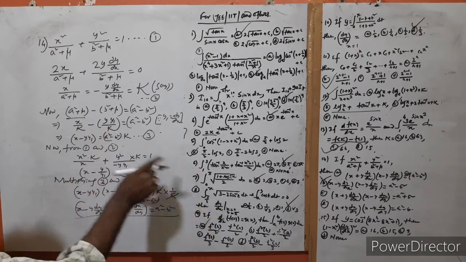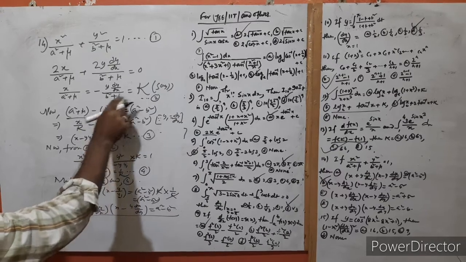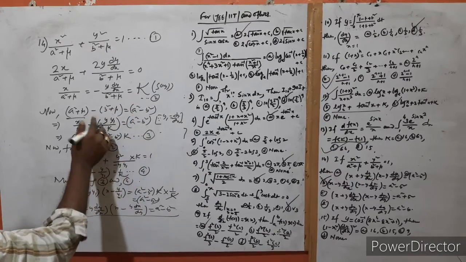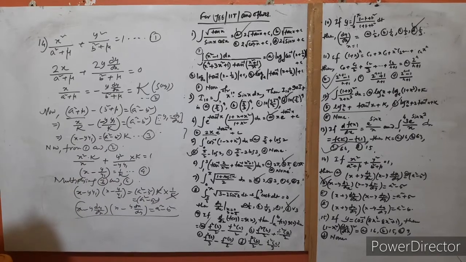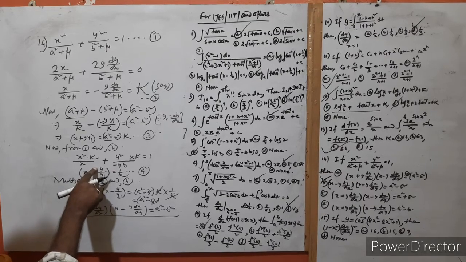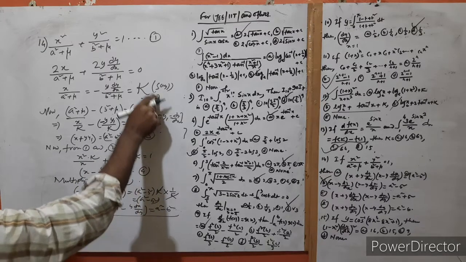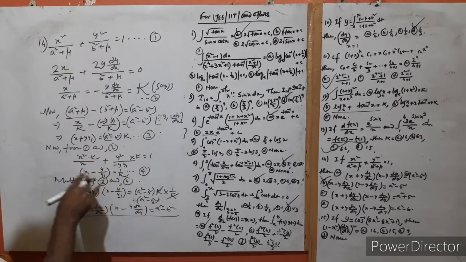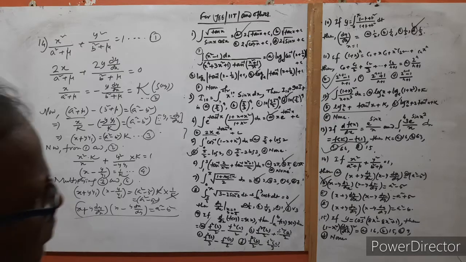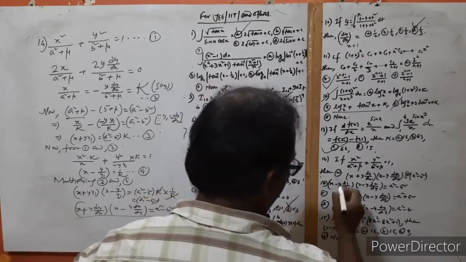This is y1, this is minus, so I think this is plus. From 1 and 2, this is plus, so we got plus here and minus there. Okay, I'm saying wrong, this is not option B, it is option A.